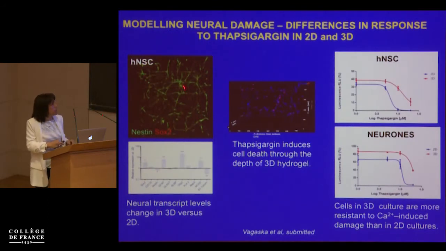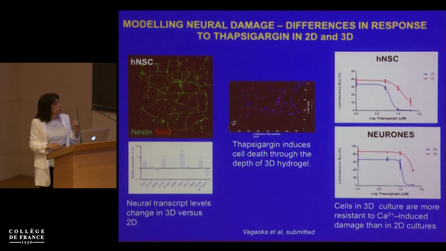And so we find that when we put human neural stem cells in 3D, they behave very nicely, they form a nice network, and they change their gene expression very dramatically. In both cases we are in laminin-based conditions, but just the tridimensionality is changing gene expression. And if you use thapsigargin to mimic the calcium injury, we can see that cells are affected throughout the thickness of the gel.